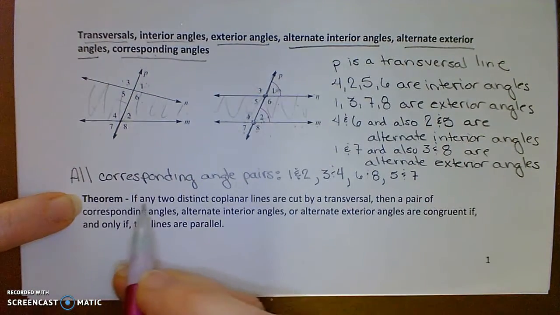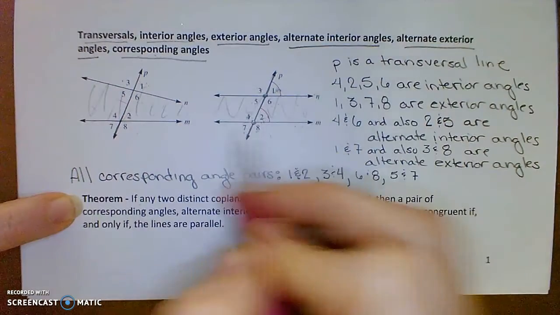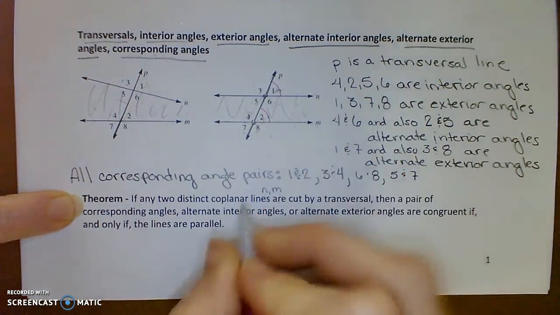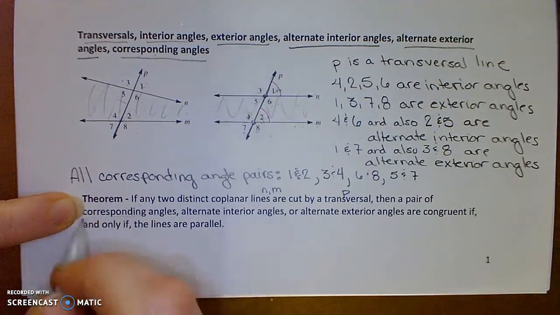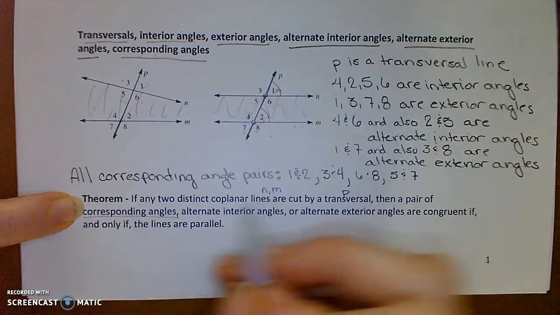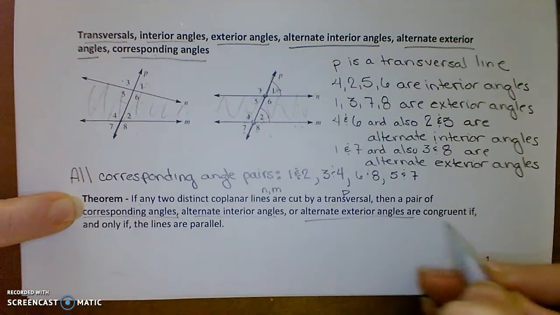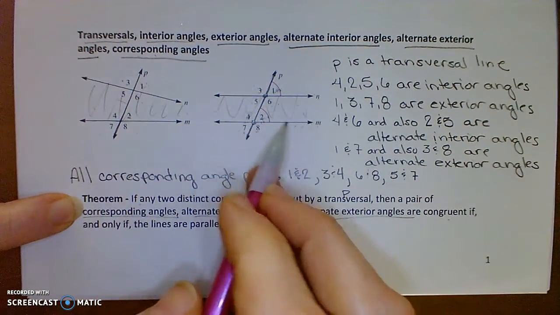So here's our theorem. If any two distinct coplanar lines, like N and M, are cut by a transversal, that's our line P here, then a pair of corresponding angles, or alternate interior angles, or alternate exterior angles will be congruent if and only if the lines are parallel.